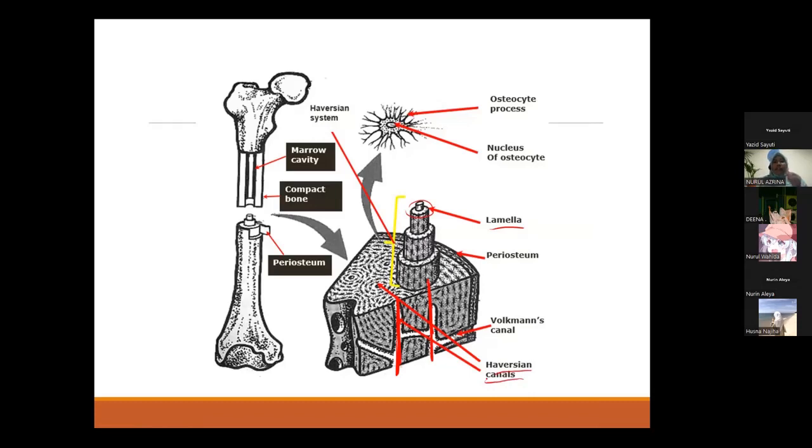And each of the Haversian canals from one osteon to another osteon can be connected by a transverse canal or horizontal canal that we call as Boxmans Canal. Okay? So yang mana canal yang menegak tu Haversian, yang connecting transversely is Boxmans Canal.